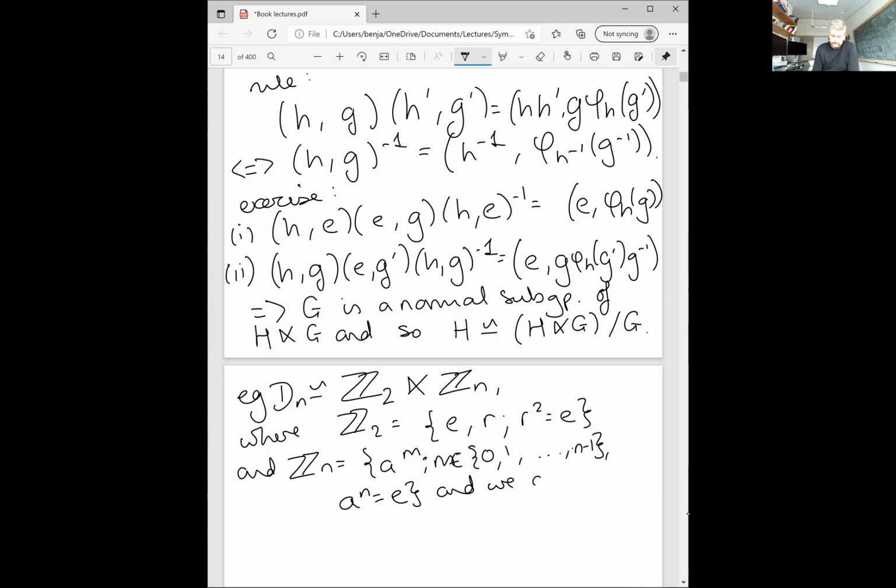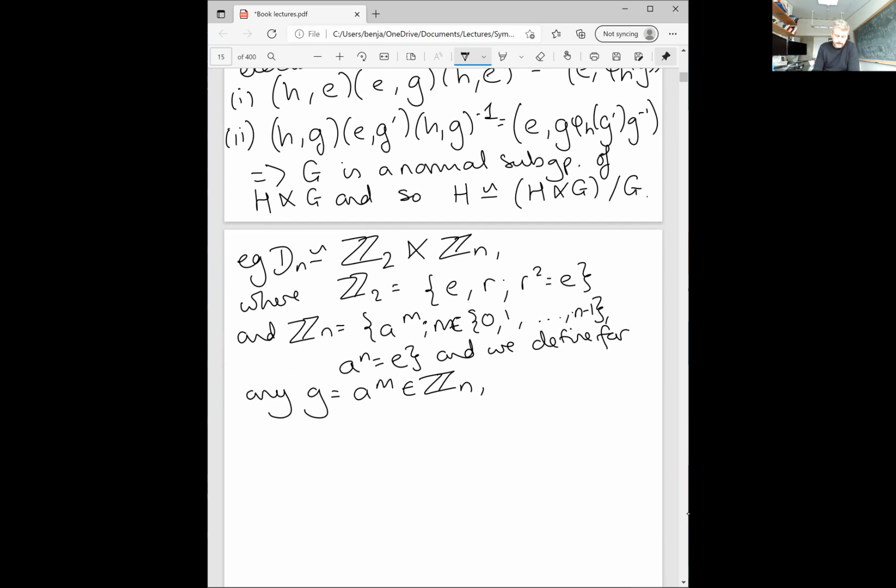And we define, for any g which is a to the m in Zn, our map phi_r of g is g to the minus 1, which is r g r to the minus 1. You can check all that out for yourselves in your own time.